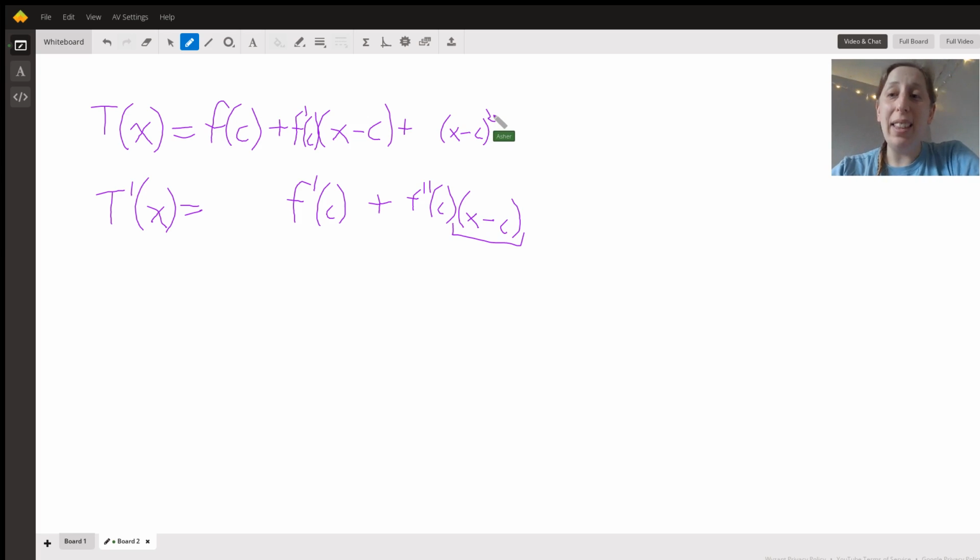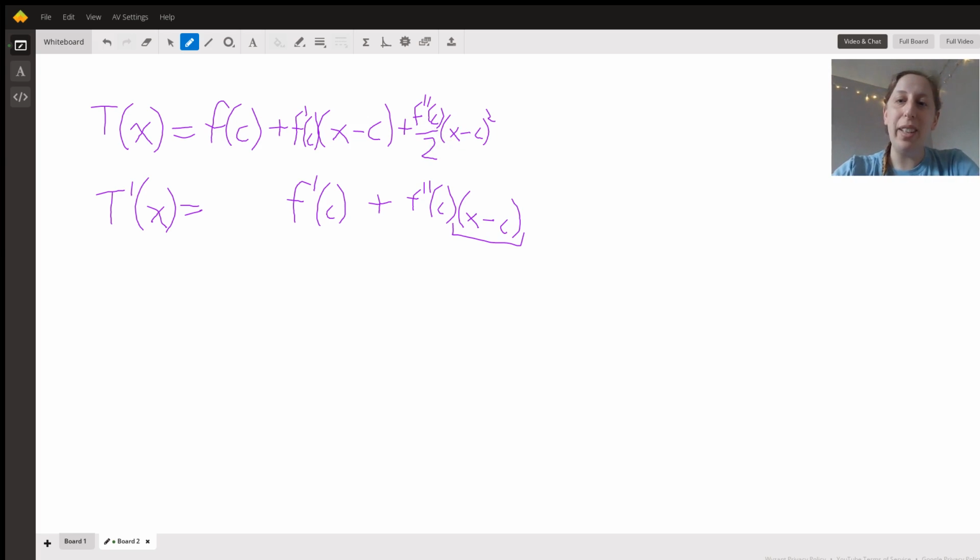Well, but if I had the squared here and I'm taking the derivative and that 2 is coming down, I don't have a 2 out here in that thing. So I'm going to need a divided by 2 to cancel out with that. And then if I put the f double prime, the second derivative evaluated at c here, then that will work out. And if I keep going from here, I'm going to keep getting these things.